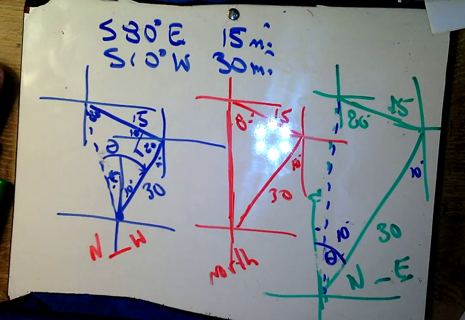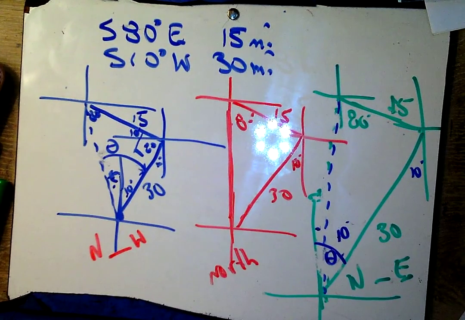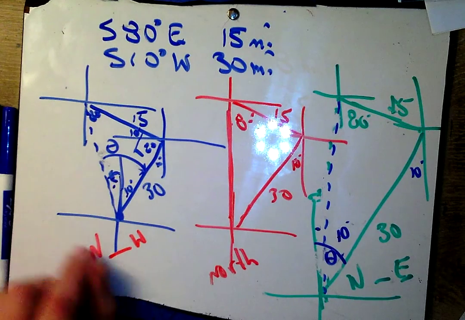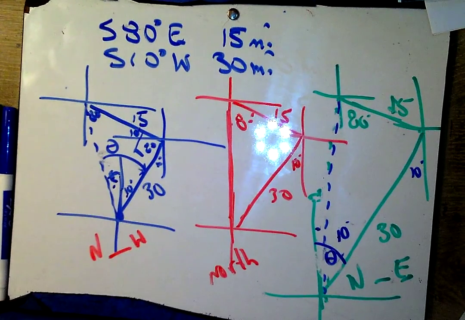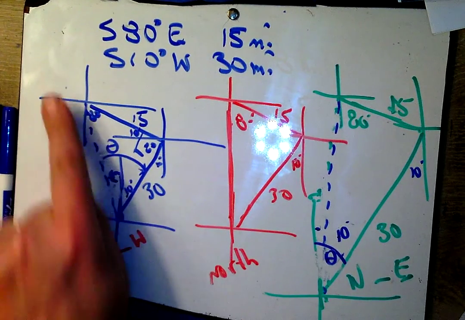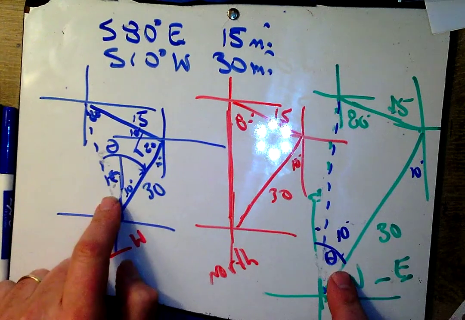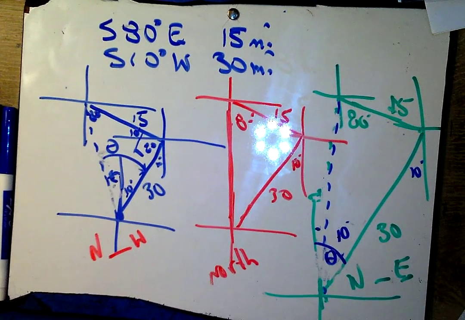So when you're doing one of these, if you get a negative number for your bearing angle, that's when you know you drew the wrong picture. If you do your computation to find that bearing angle, and that calculation turns out to be a negative number, it's not going to be possible.